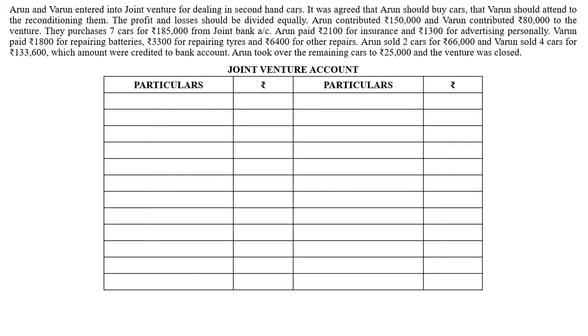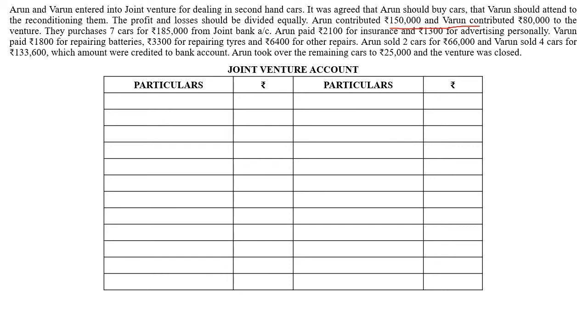Okay, this is the first one. Now you have to record those transactions which affect joint venture. Okay, the first one, that is contribution. So contribution, that is to be recorded in co-ventures account, and that to be recorded in joint bank account. You have passed the journal entry, right? So this will not come in joint venture.